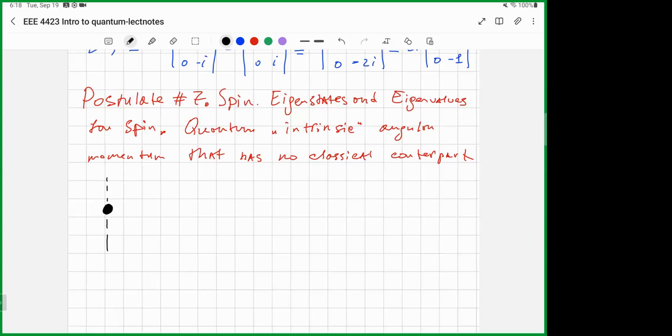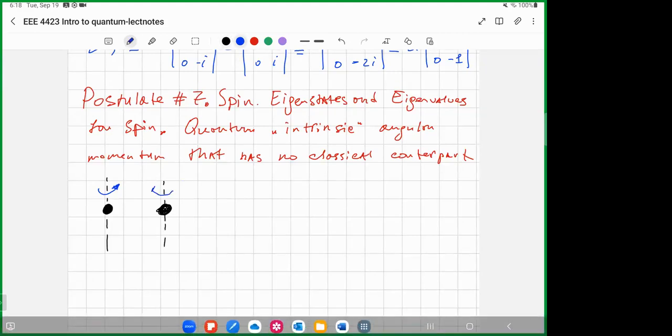And if we consider an electron as a particle, right, we can say that this particle can rotate, it can spin around one axis like this, right? So for example, it can spin in a clockwise or counterclockwise direction.